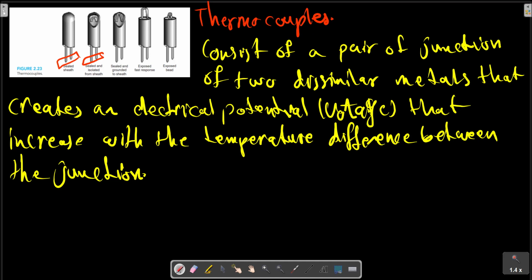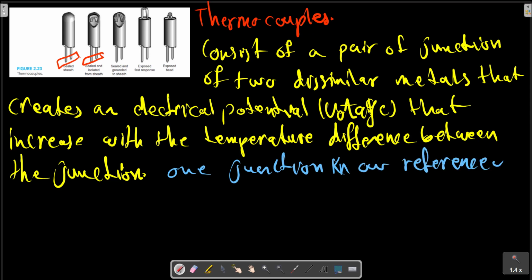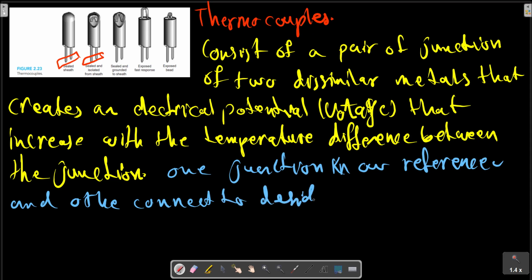One junction is maintained at a reference temperature, for example in an ice bath, such that the voltage measured indicates the temperature of the other junction, which is connected to the desired body.